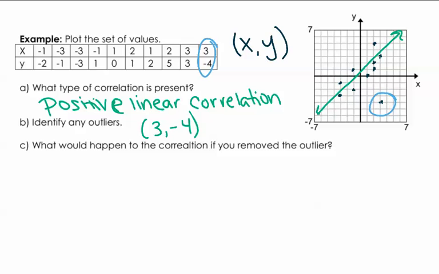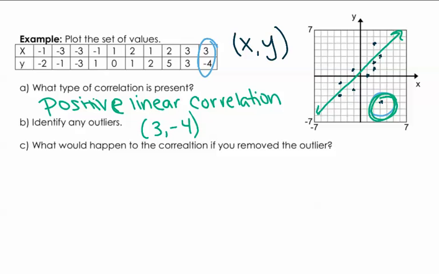And then what would happen to the correlation if you removed the outlier? If we took that outlier out of our data, the graph is going to show a stronger positive linear relationship, because right now, although we've got that positive best fit line, this data point out here, that's that outlier, is kind of pulling the data, it's skewing the data a little bit.